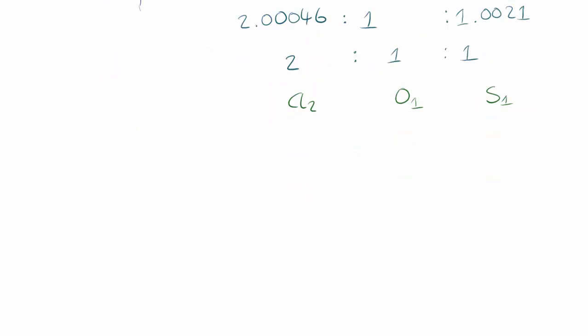Of course, in the final formula, this is not how we're going to write it. We're going to write Cl2OS. So is this our empirical formula? Yes, this is our empirical formula, Cl2OS.